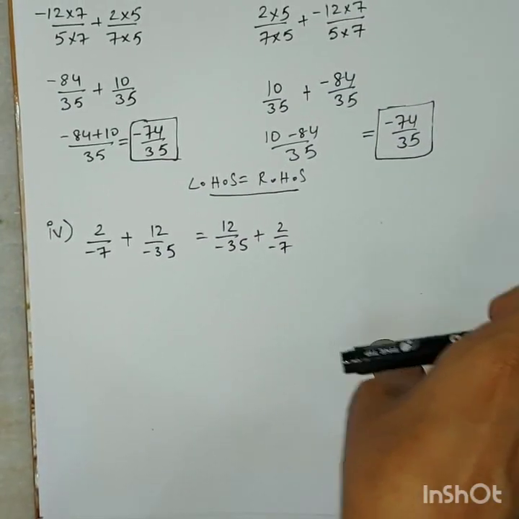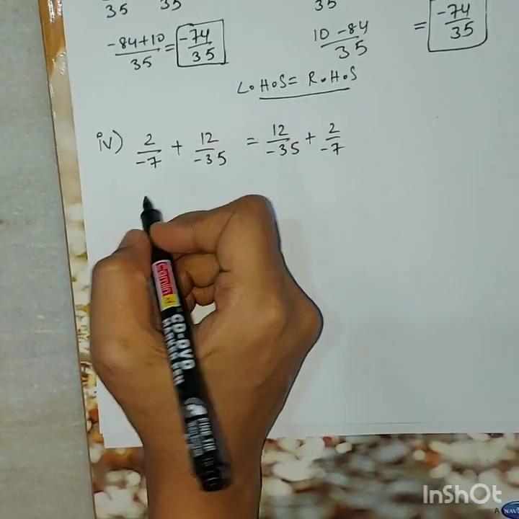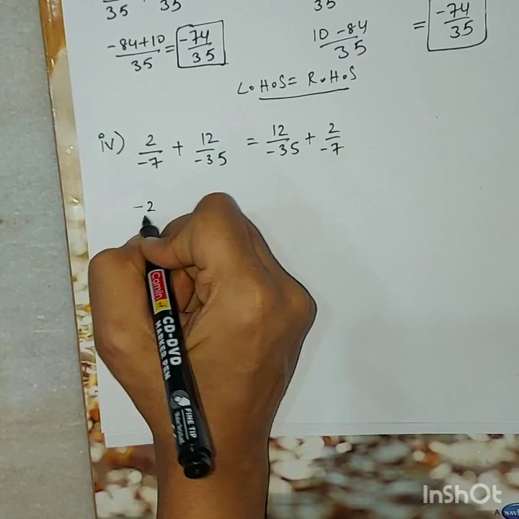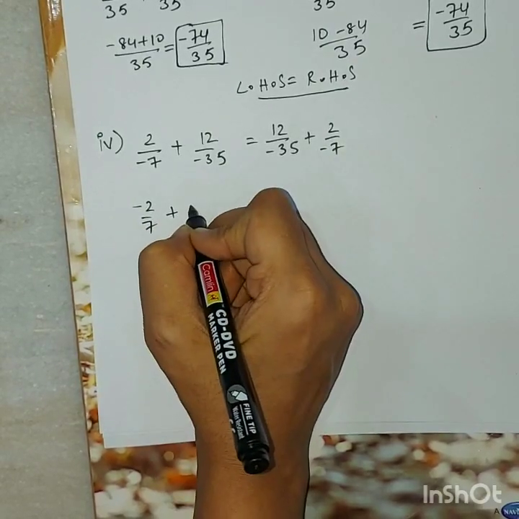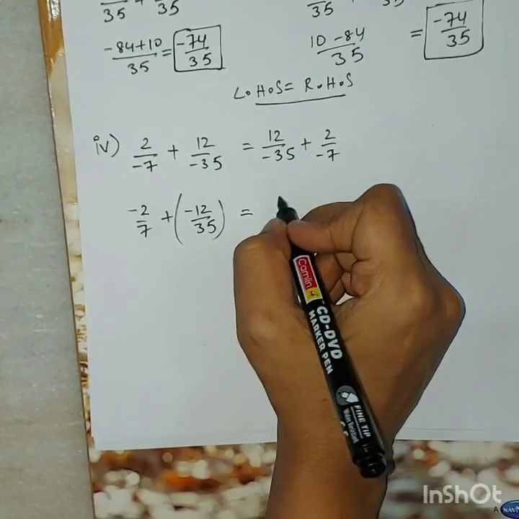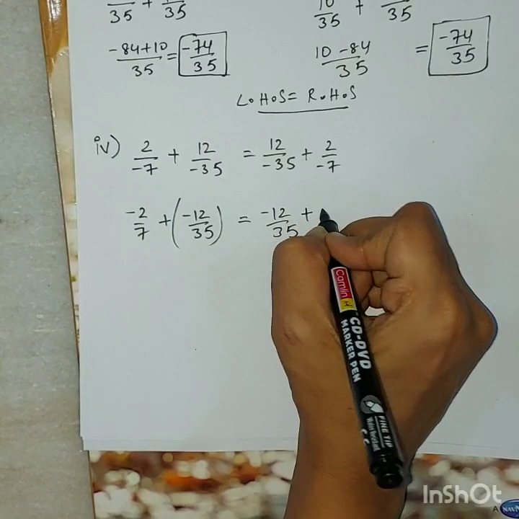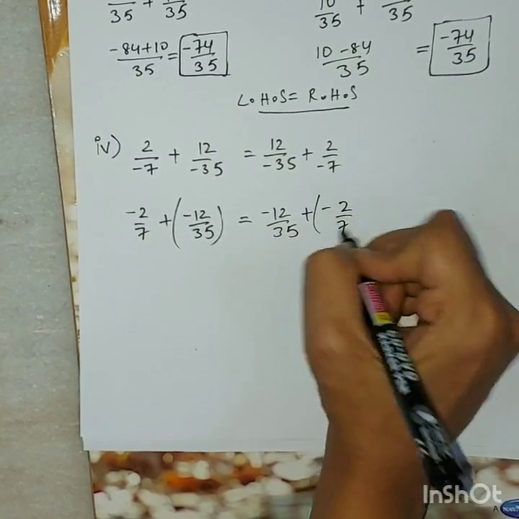You need to make it positive. Yes students, so it will become minus 2 upon 7 plus minus 12 upon 35 equals minus 12 upon 35 plus minus 2 upon 7.